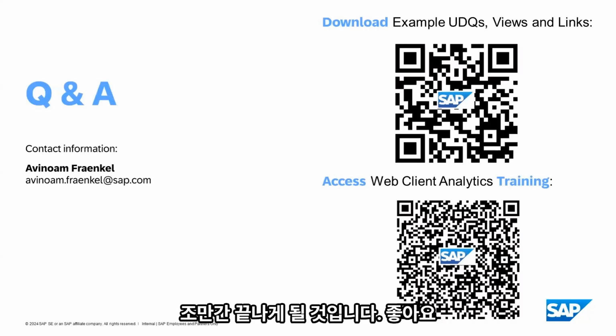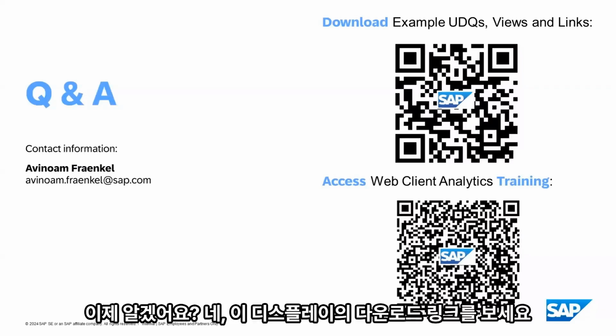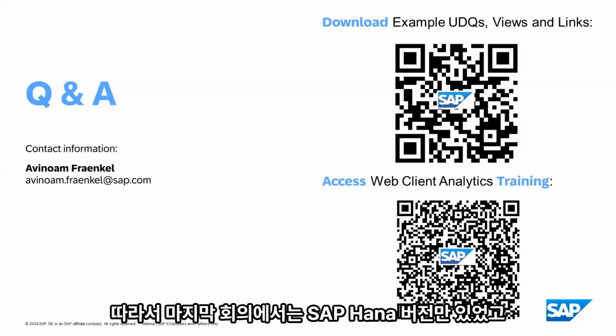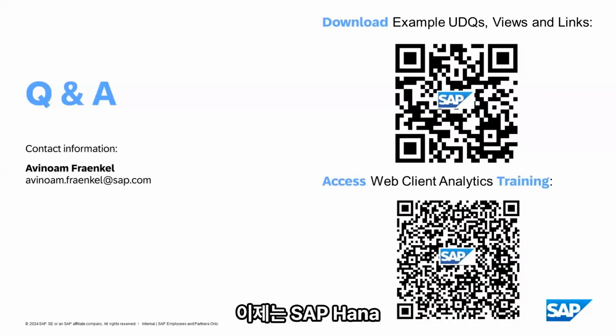Good. And then in one of the last meetings, there has been a promise to provide a query view for the trial balance. Do we get it now? Yes, please look at the download link. It's displayed at this point in time. And it's more than that. At the last meeting it was just the SAP HANA version of it.